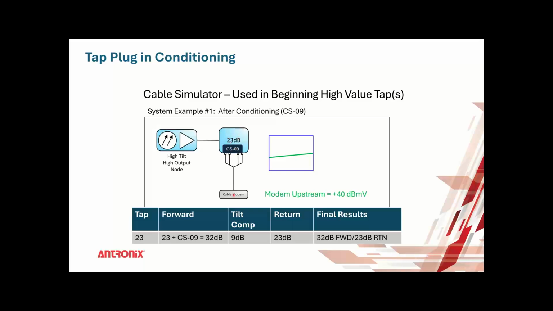Therefore, this cable modem transmitting the upstream sees only 23 dB of path loss through this tap. I can transmit at a more normal level and not need a very, very high level on high value taps to overcome. That is an example of where you would use a cable simulator in high value taps.